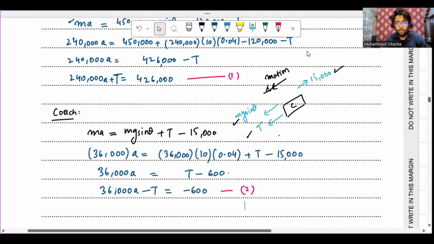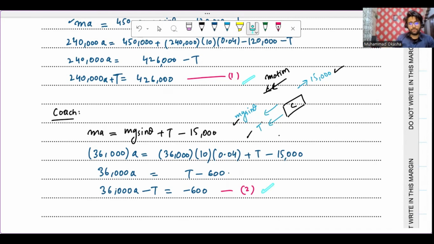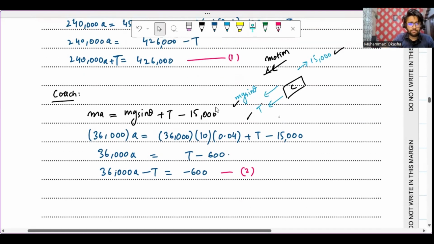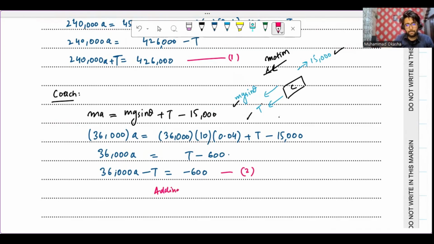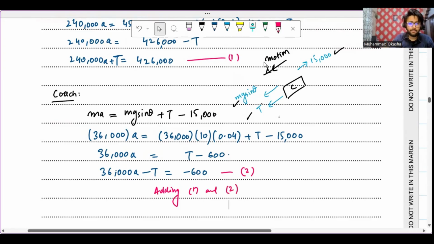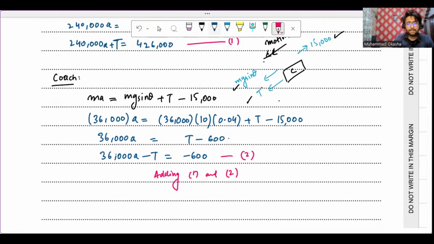So pause and try. You have two equations, equation number 1 and equation 2. You can either solve them simultaneously, or you can use substitution as well. I'm going to use elimination. I'll just add equations 1 and 2, because I find it easier sometimes.